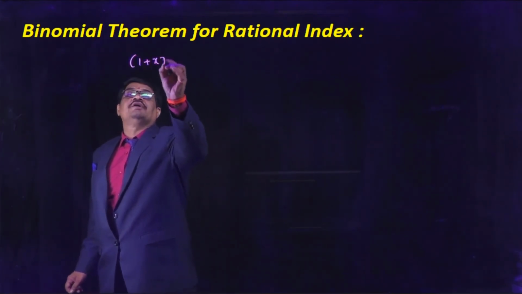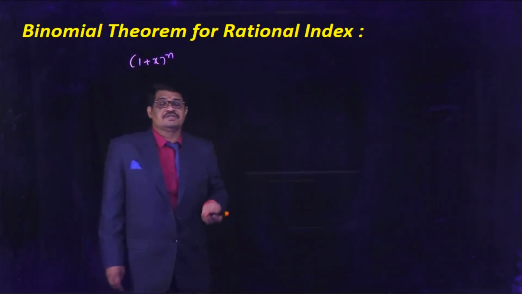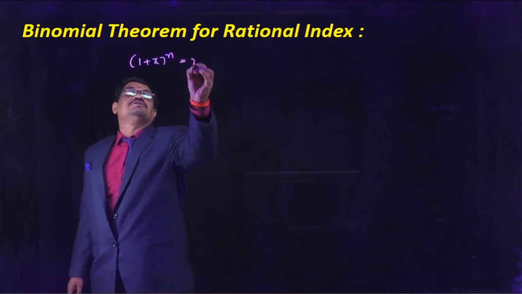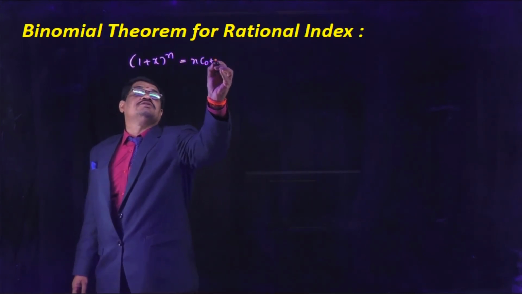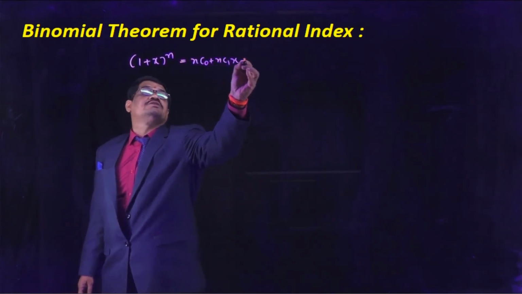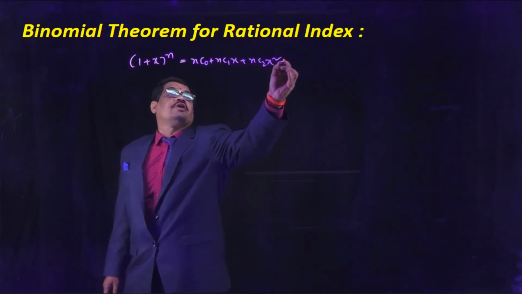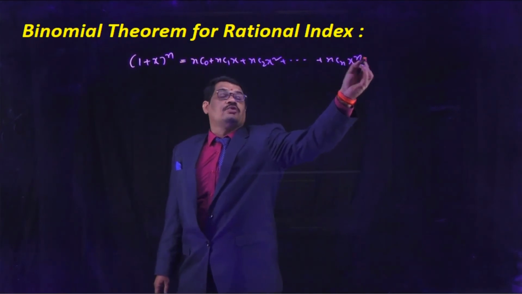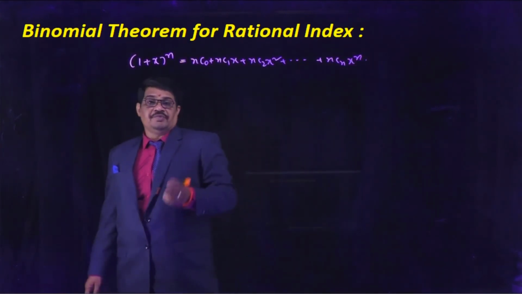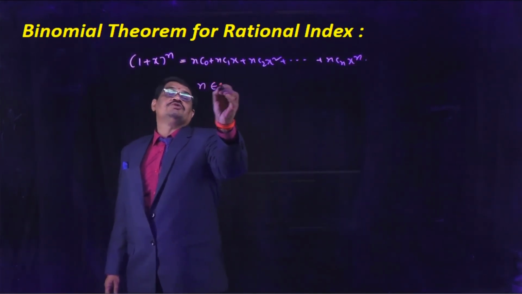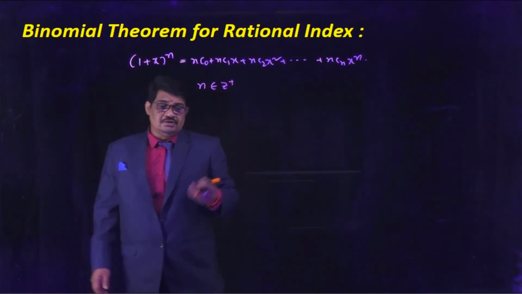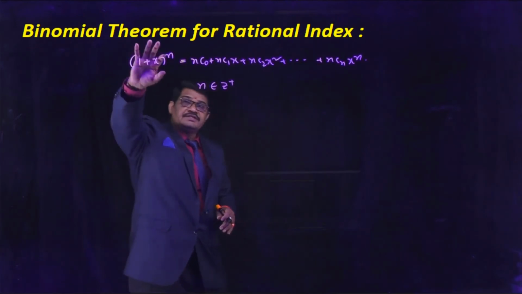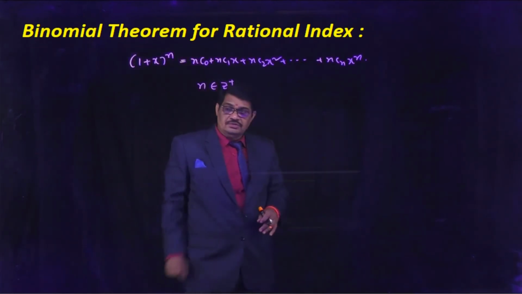The standard binomial theorem is (1+x) to the power of n. The expansion is nC0 + nC1 x + nC2 x² and so on up to nCn x to the power of n. Here n is a positive integer. In the last classes we discussed the index as a positive integer.